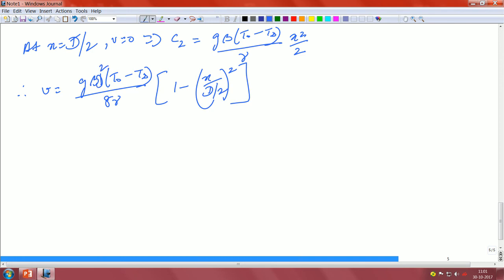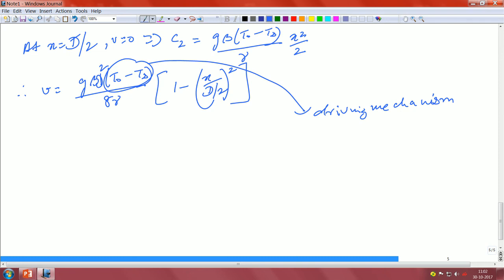Okay. So, in this particular case, as you can see, this is basically the driving mechanism. This is basically what is your driving mechanism, right. Okay.